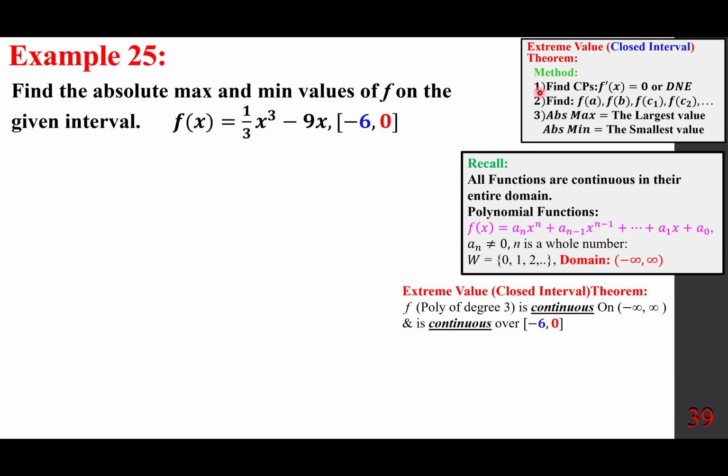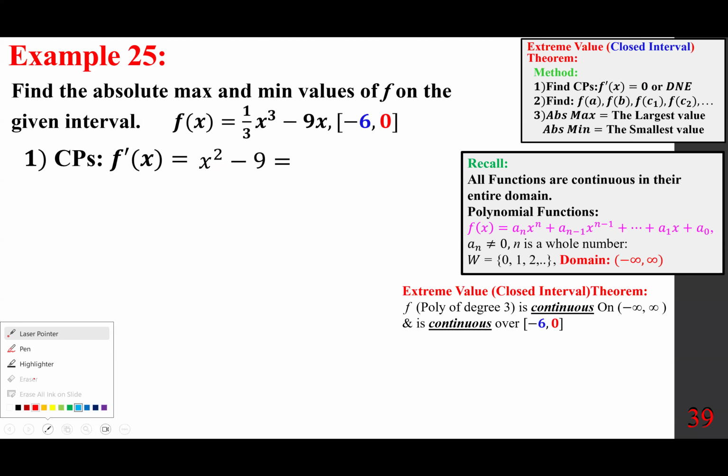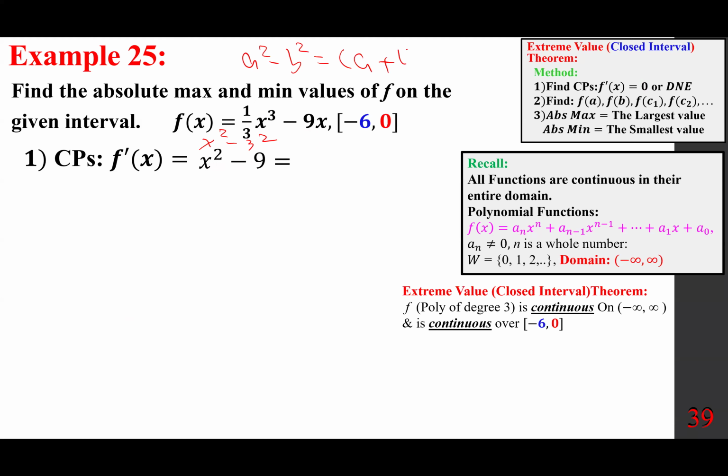Step one, find CPs, f prime. Let's find it. So what is f prime? 1/3 times 3 x to the power of 2, so this is x squared minus 9. We are going to set it equal to 0. That means we're going to factor. This is a squared minus b squared: x plus 3, x minus 3.